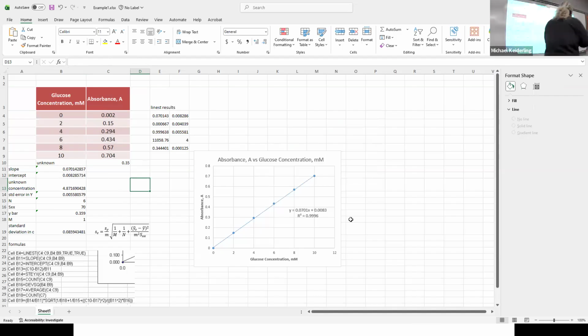The formula is that absorbance equals 0.0701 times concentration plus 0.0083.